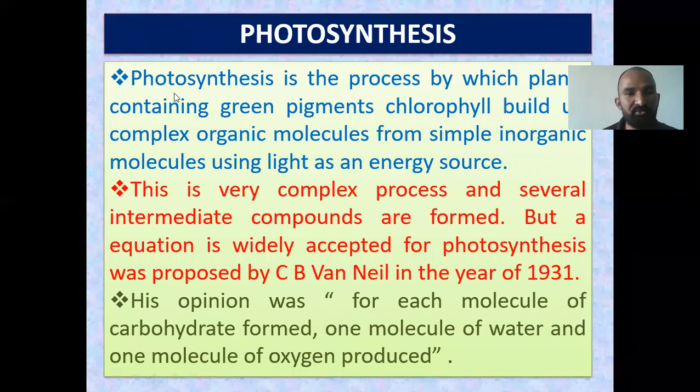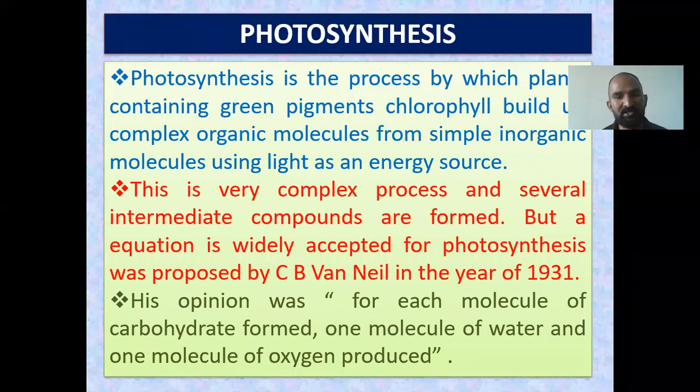Photosynthesis is a very complex process. The plants do not directly take carbon dioxide from nature and mix it with water, and in the presence of light and chlorophylls directly synthesize a complex organic material like glucose, because there are many steps.